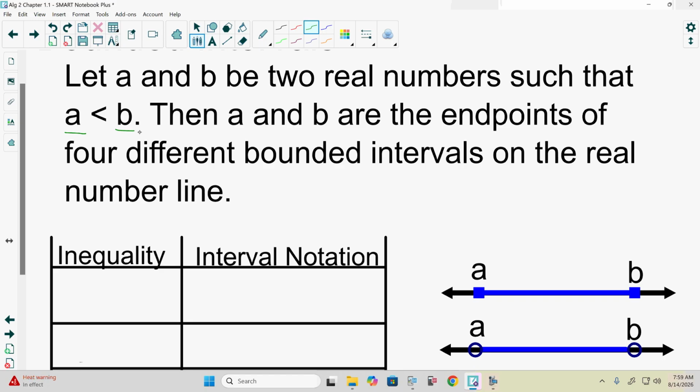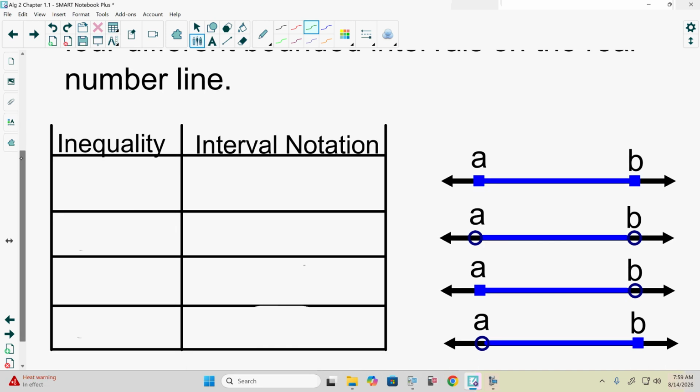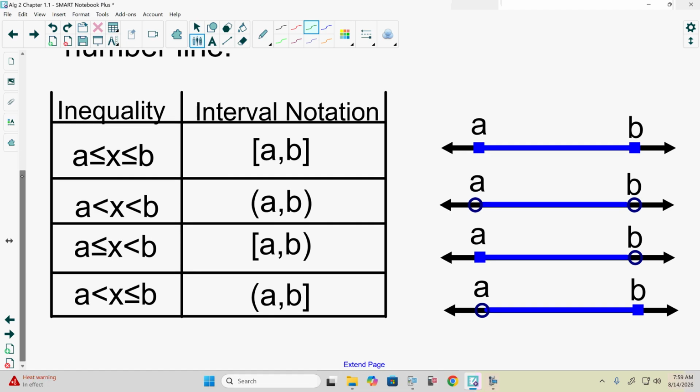It doesn't matter what A and B are, as long as A is smaller. Because if this is true, all four of these are true. It gives us a way to classify every possible bounded interval in four statements, which I think is really nice.